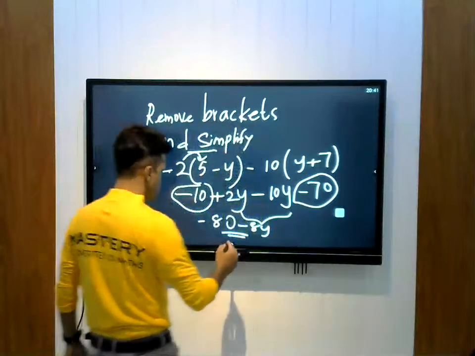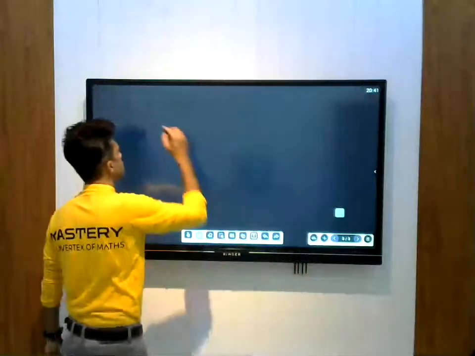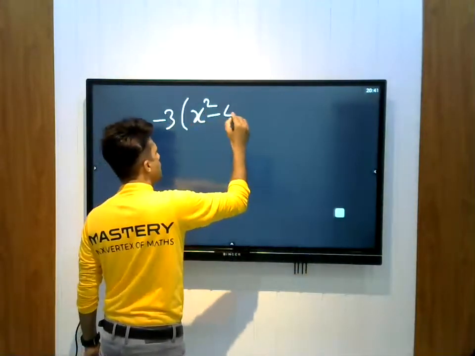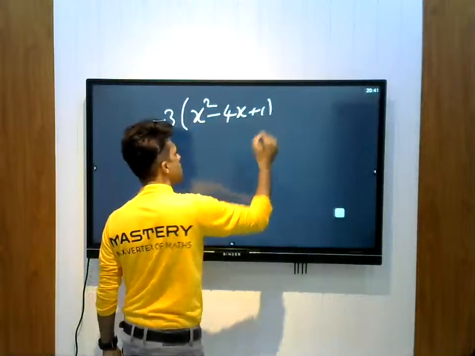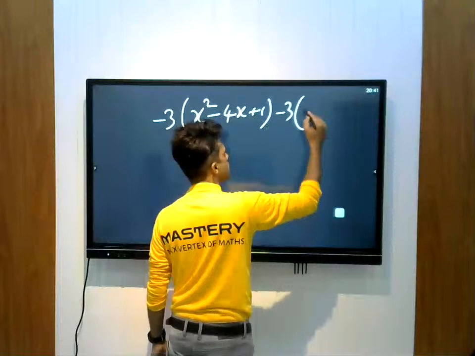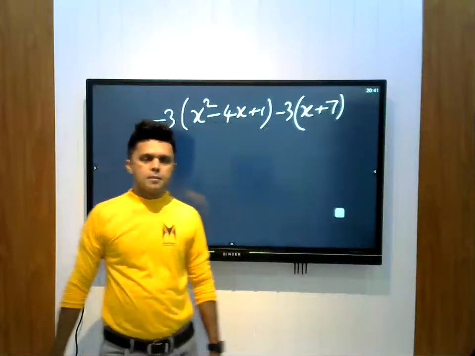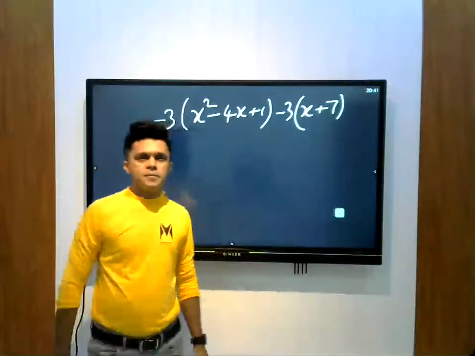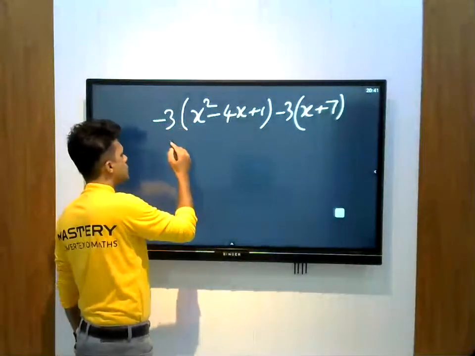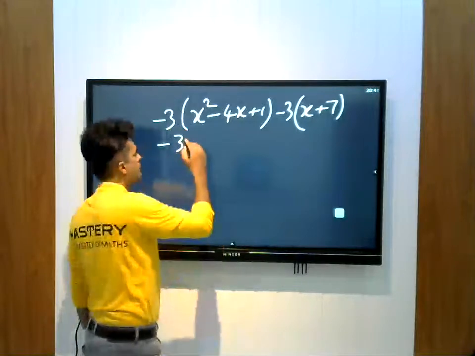Okay, so how can we do this type of one? Minus 3 into x squared minus 4x plus 1, minus 3 into x plus 7. Let's remove these brackets. Minus into plus is minus, 3 into x squared, 3x squared.